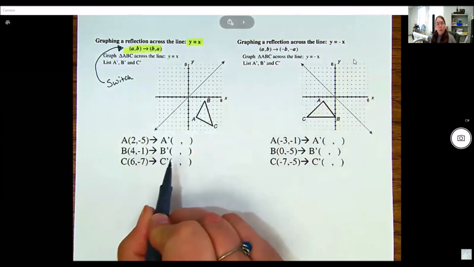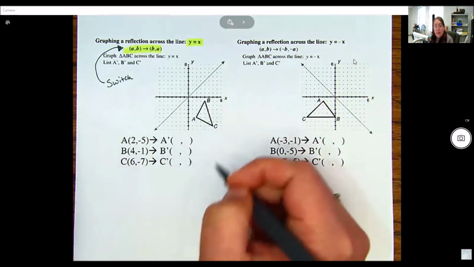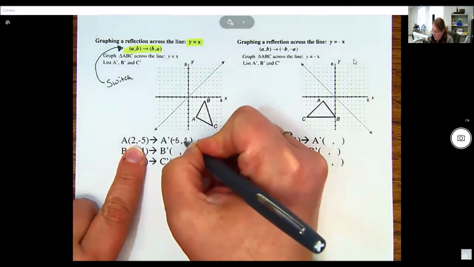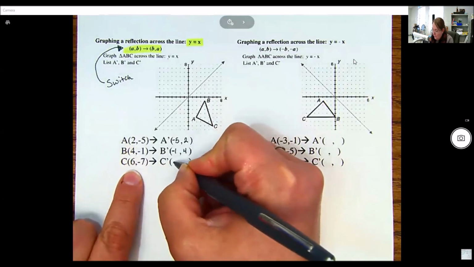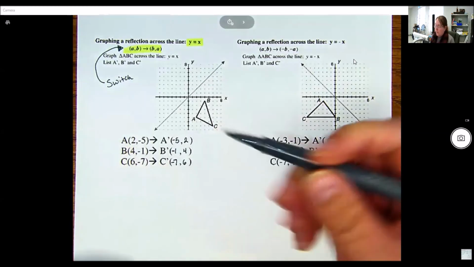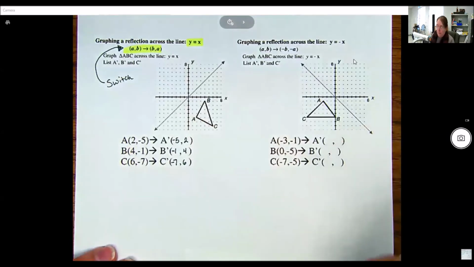Working with the points first here, they don't change signs, they just switch positions. So this becomes (-5, 2), this becomes (-1, 4), and this becomes (-7, 6). Then you can plot those points and you should see this shape reflected on the other side of that line.